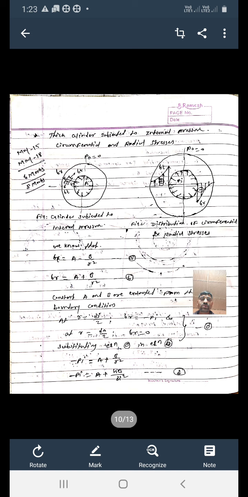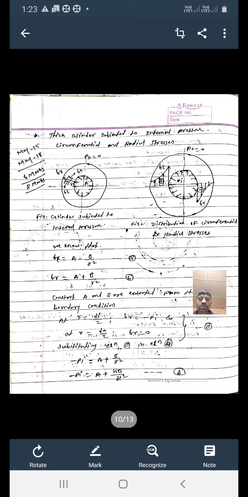The first figure shows a cylinder subjected to internal pressure, and in the second figure I have shown the distribution of circumferential and radial stress. Circumferential stress or tangential stress you will get as positive, and radial stress you will get as negative.